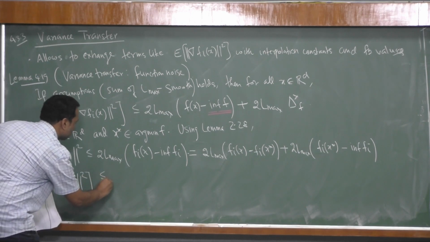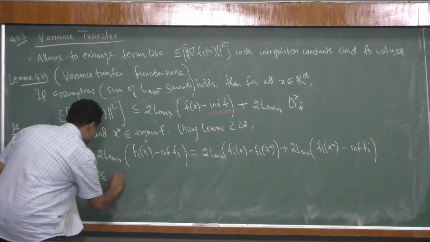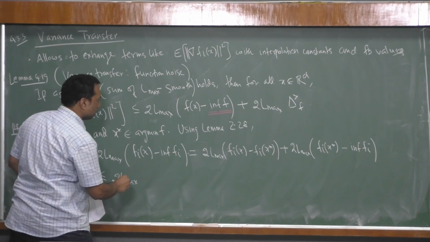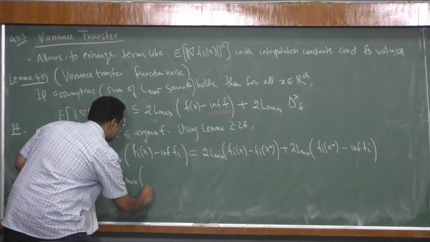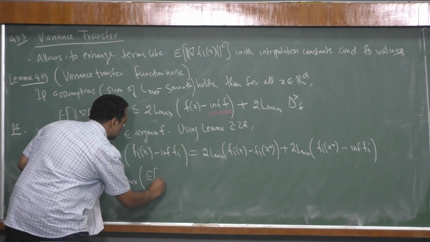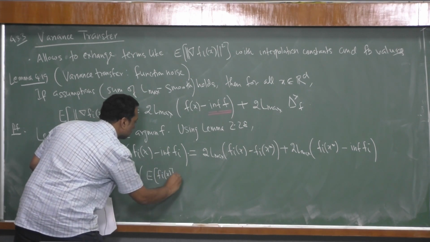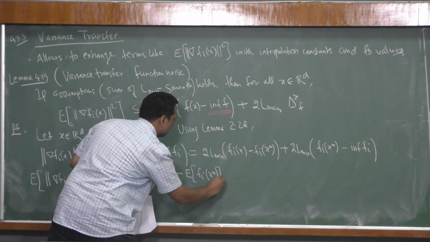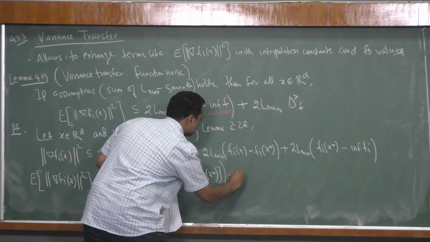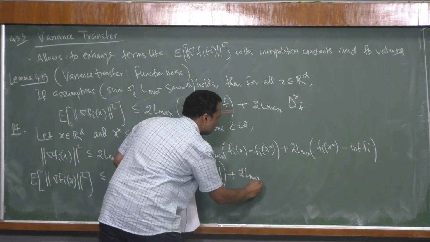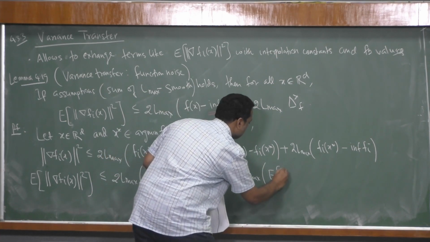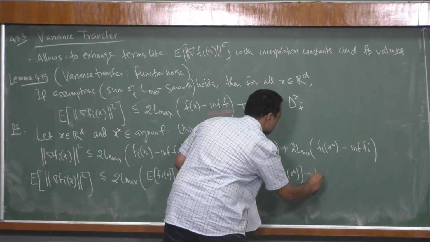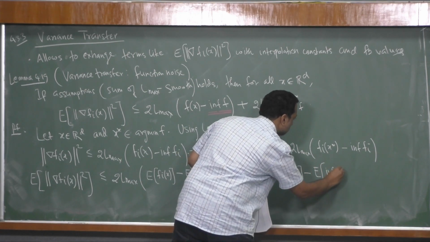So this is less than or equal to 2 L max, and we can do this extra step of taking expectation and bringing the expectation inside. So expectation of f_i(x) minus expectation of f_i(x star), plus 2 L max times expectation of f_i(x star) minus expectation of infimum of f_i.